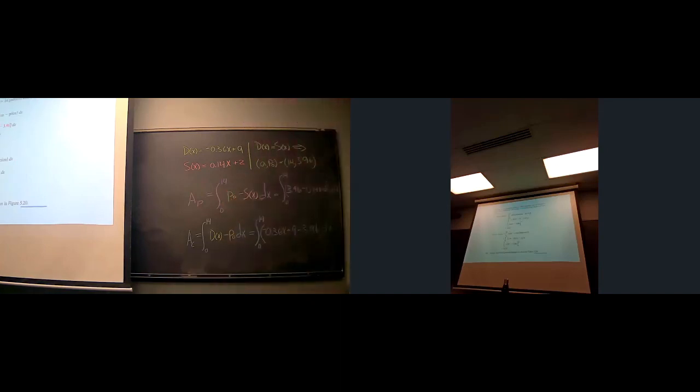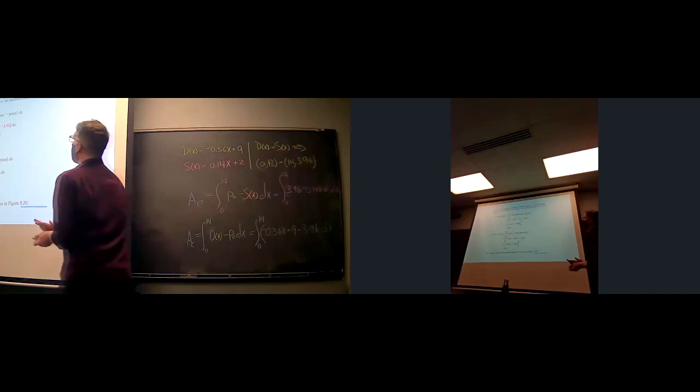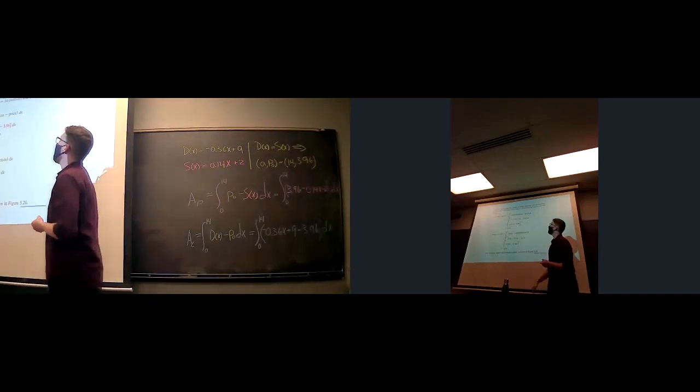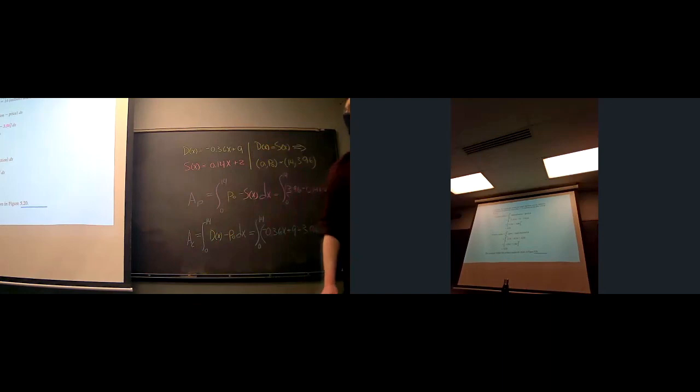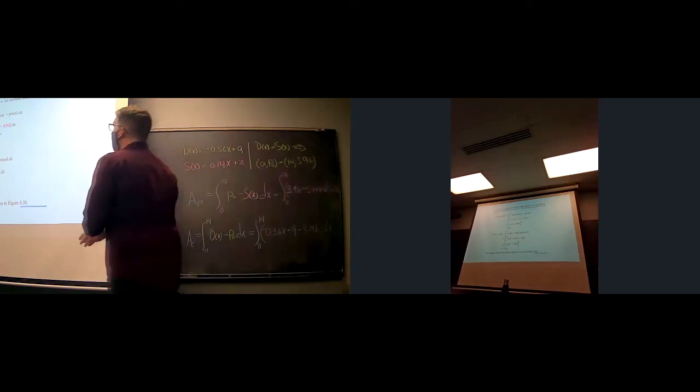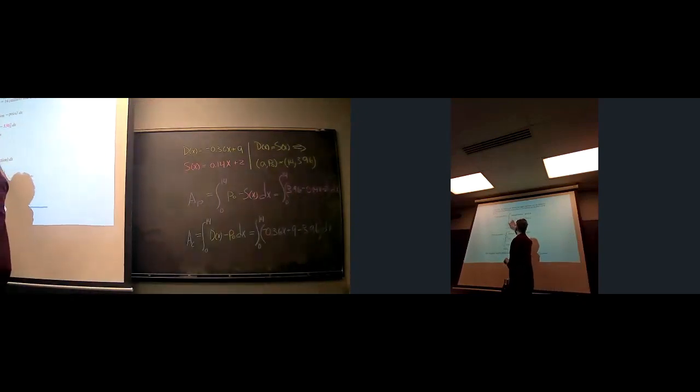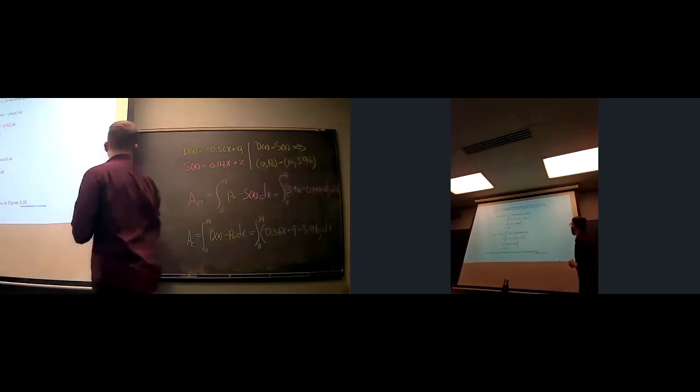Now we're going to do this integration. So just jumping ahead, how they have it set up, right, for the consumer surplus. So what we've got here, consumer surplus. They say that it's the integral from 0 to 14 of negative 0.36x plus 9 minus 3.96 integrated with respect to x.